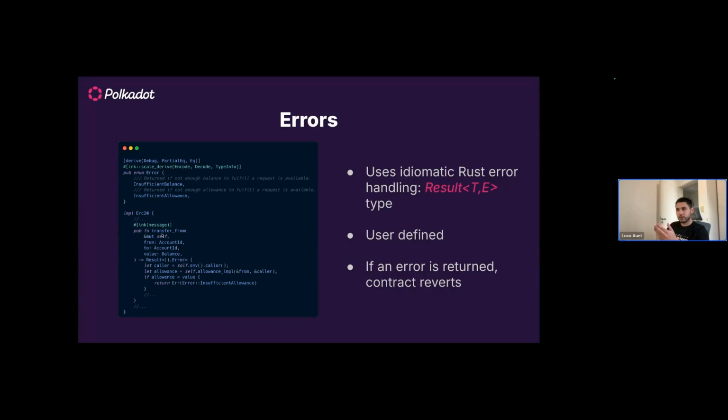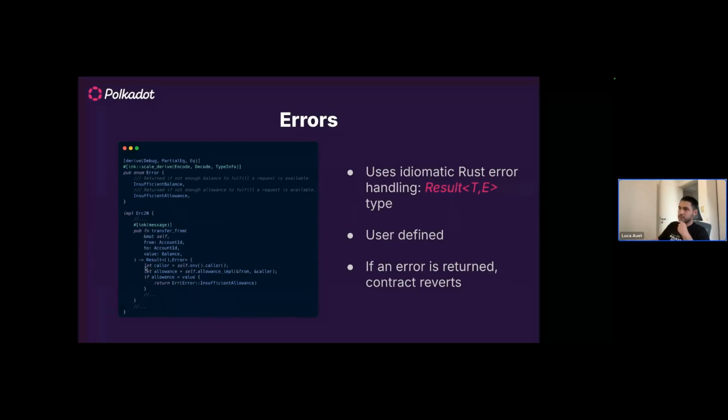What this is trying to do is to take some money from the from account and transfer it to the to account, all right? But what we need to check before doing this is that the one who is calling this function is allowed to actually perform this transfer, because he's taking money from someone else's account, okay?